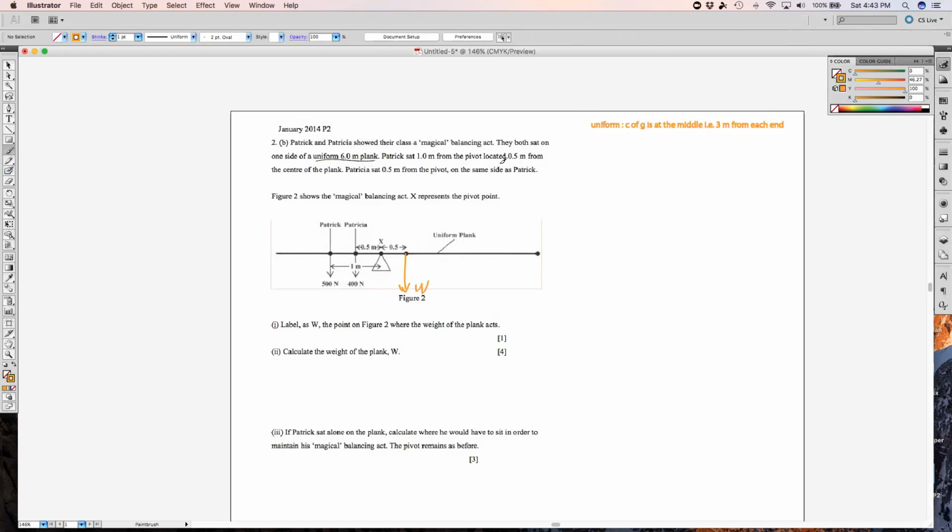Patrick sat 1 meter from the pivot, located 0.5 meter from the center of the plank. So this pivot is located 0.5 meters. If from here to here is 3, from here to here would be 2.5. Just write it here.